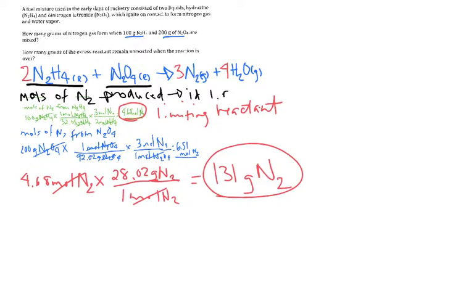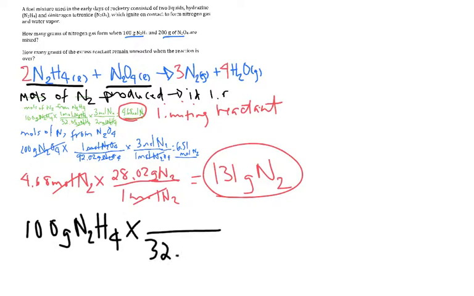So in order to do that, we say we have 100 grams of hydrazine, right? And we did part of this before. Hydrazine is 32.05 grams for every 1 mole.